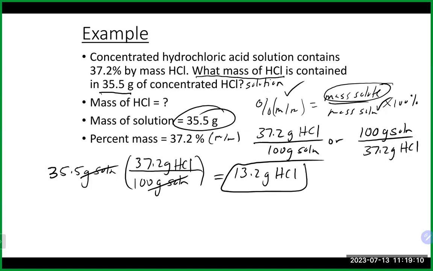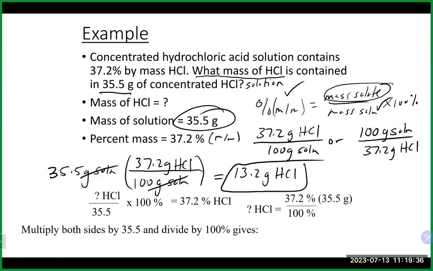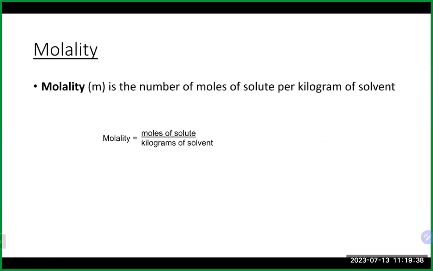Now, another unit of concentration that we definitely will come across a lot towards the end of the year, which I guess is coming up in a few weeks, so I guess that's good, right? Towards the end of the semester is molality, which is different than molarity. Sometimes they are confused with each other, but molality and molarity are different things. And if we look at what molality is, it's the moles of solute per kilogram of solvent.